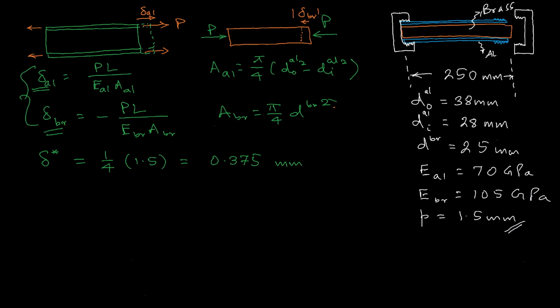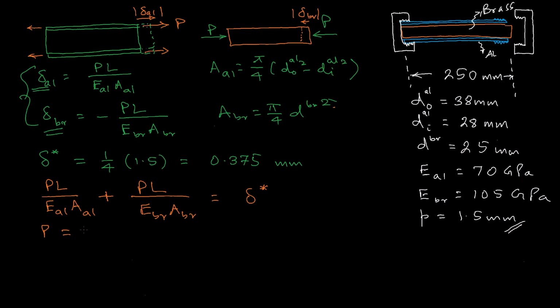So its magnitude and its magnitude, if you add them, should be equal to this one. So if I write that now, PL over E aluminum A aluminum plus, taking the magnitude of this, PL over E brass A brass, equals delta star.